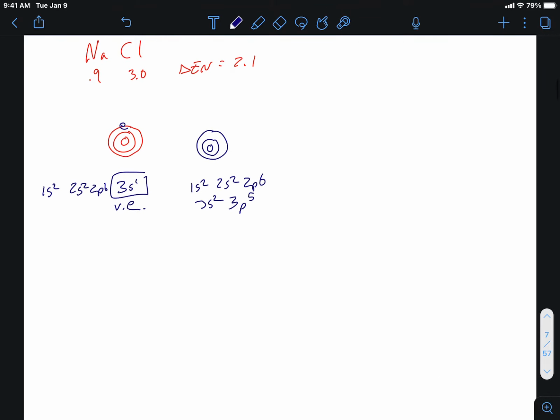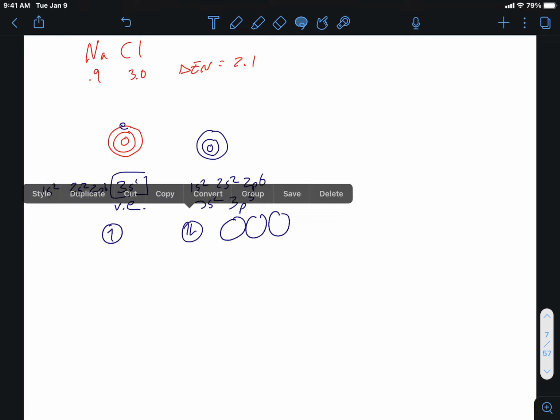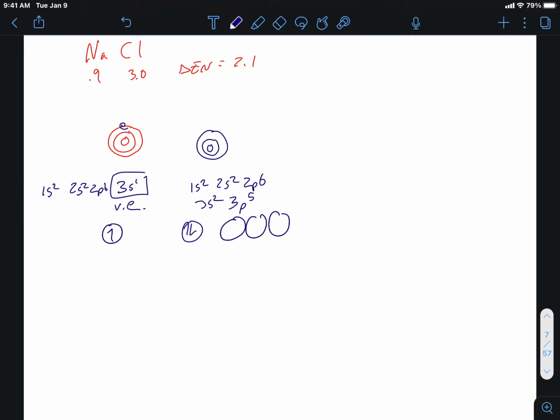So if we go back to our drawing here, sometimes this is clear if I draw a little orbital diagram. Here is sodium with its 1 valence electron. Here is, I didn't space these out right. Let me move this a little bit over. Here is chlorine. Chlorine has 7 valence electrons.